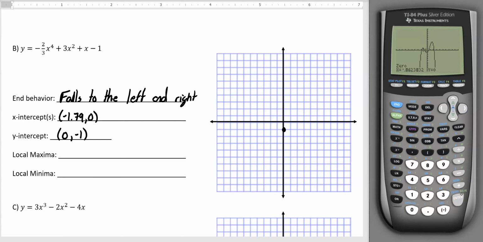Negative 0.86, comma 0. Awesome. Next one, second calc, zero. Go to the left of it, and then the right. Press enter. (0.44, 0).